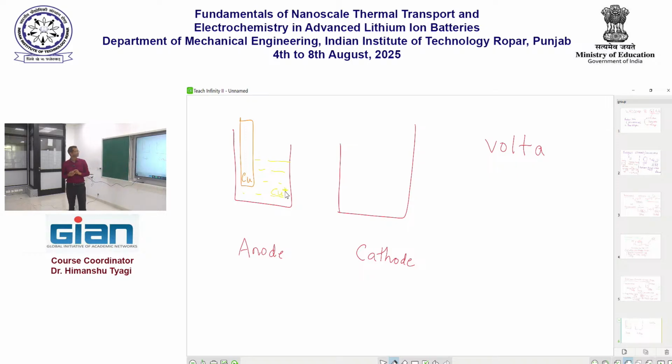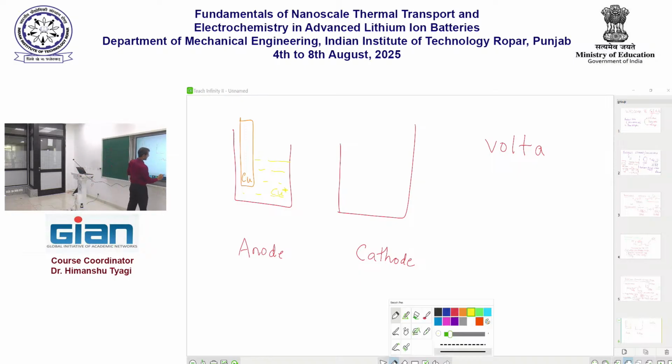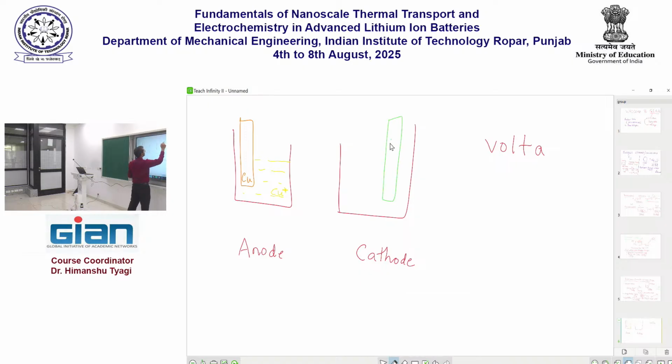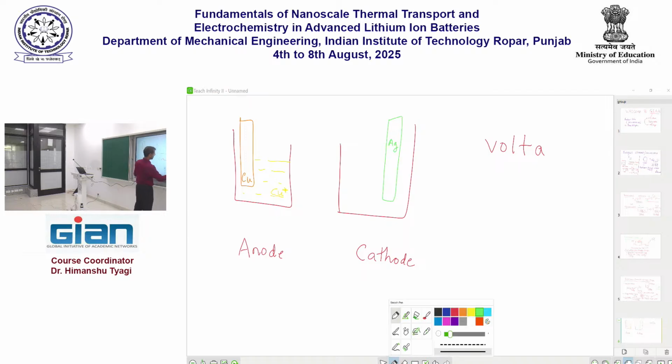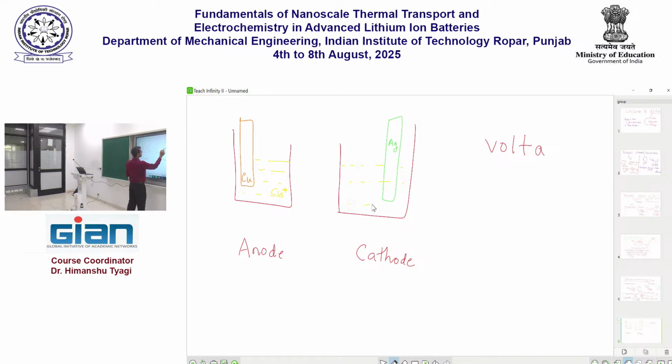On the cathode side, I have a silver bar suspended in a fluid that has Ag plus silver ions in it.